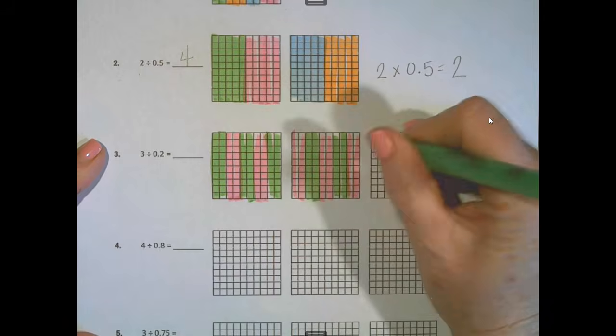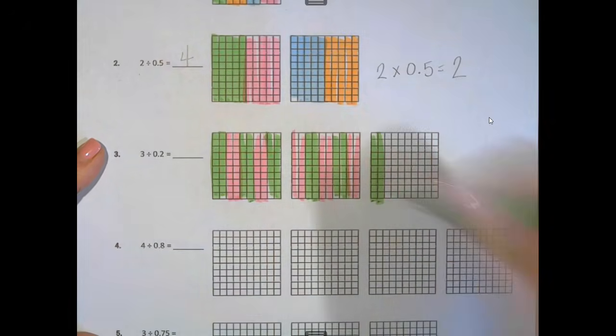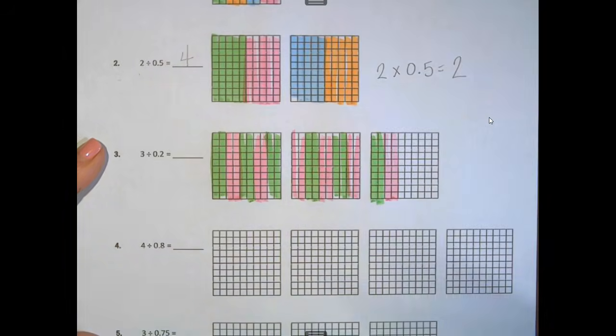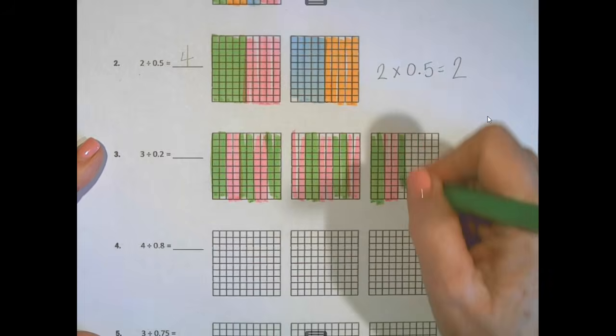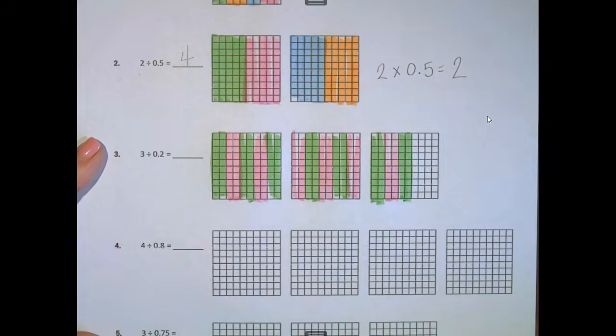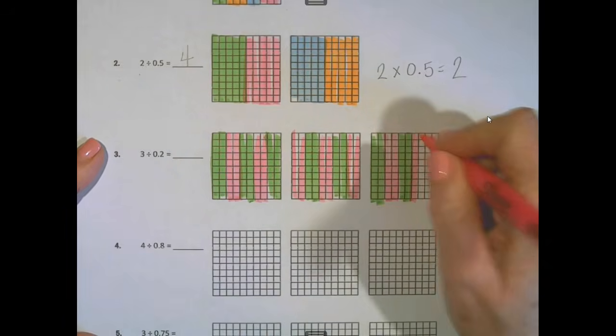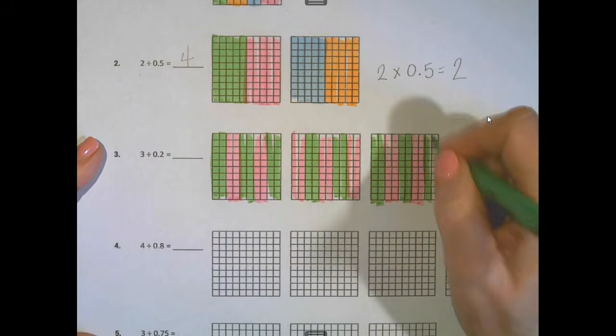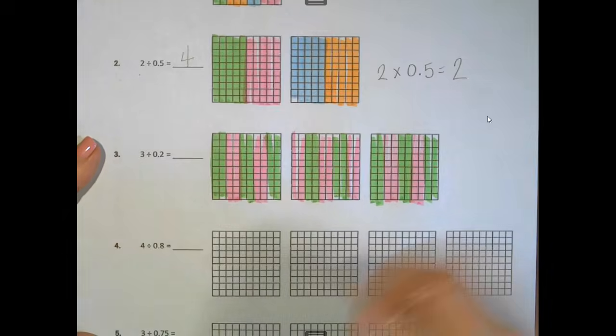I'm wrapping it up with my last model, and I'm shading 2 columns because 2 columns are 20 hundredths, but it's also 2/10. Each column is one of 10 equal parts in our one whole models. Although I just am using two colors, we can still count how many groups of 2/10 there are.